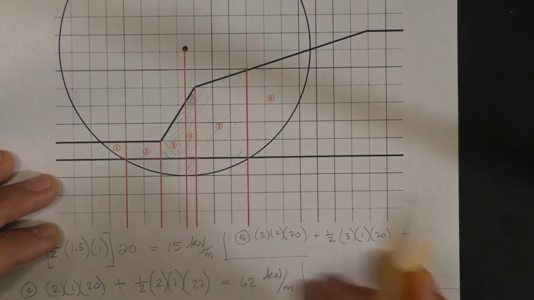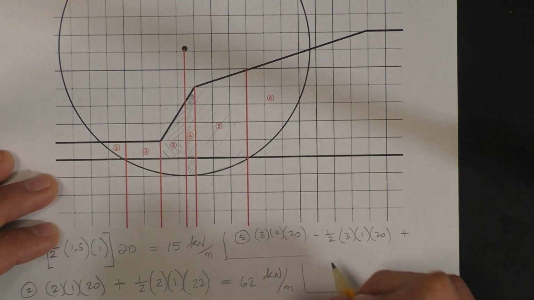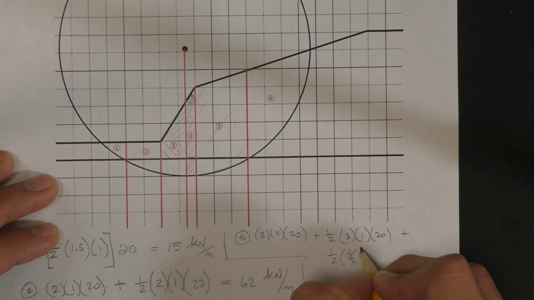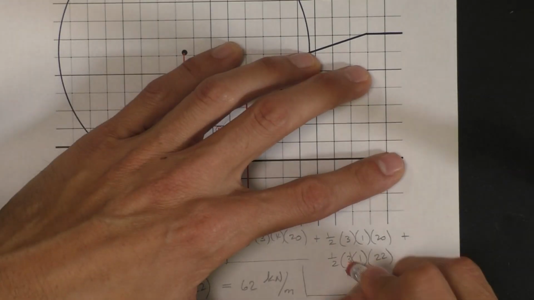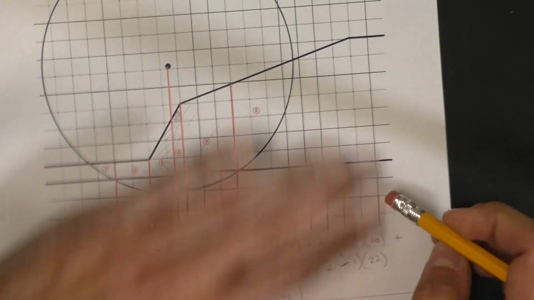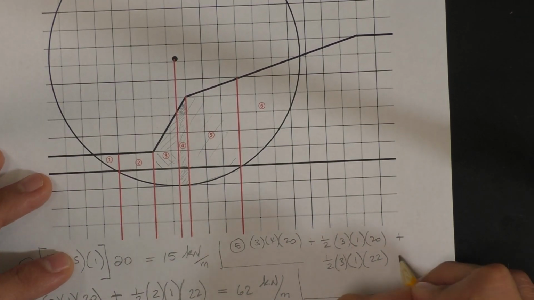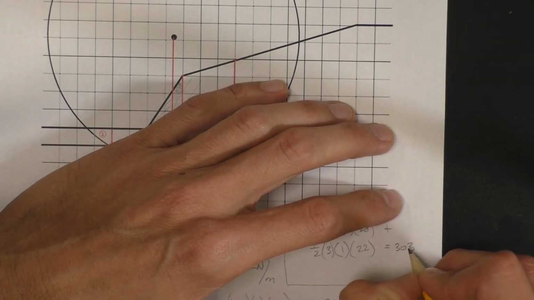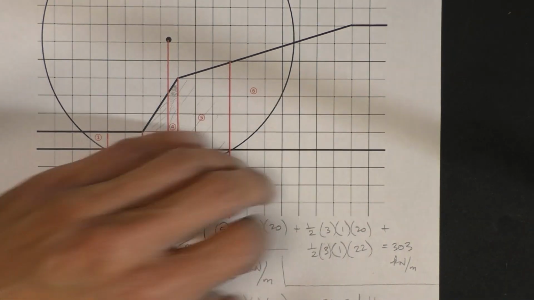And then this triangle down here, which is 3 times 1 times 1/2 times the 22 kilonewton per meter cubed. This is 303 kilonewton per meter, sorry.